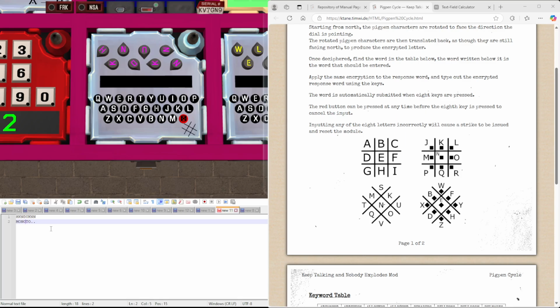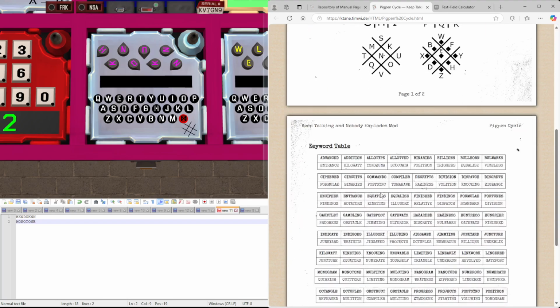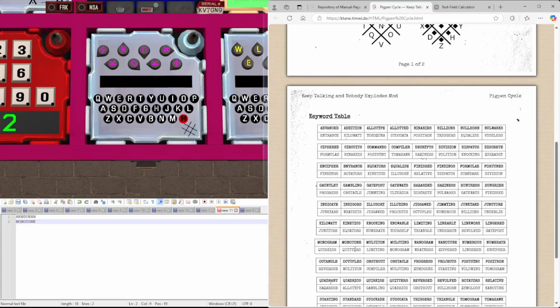We have N, which just N. No, it's swapped between N and E, yeah? Okay. So monotone becomes quitters.